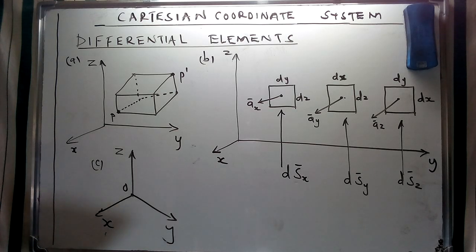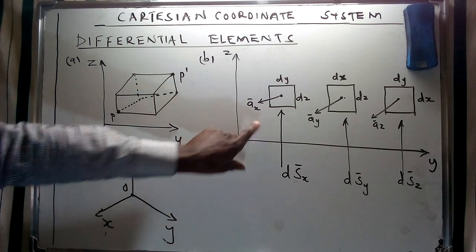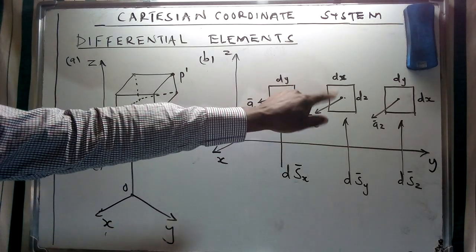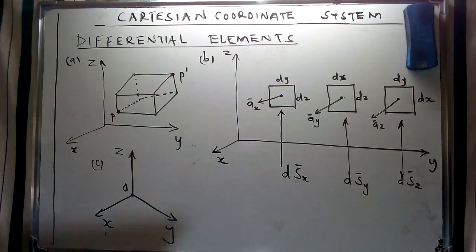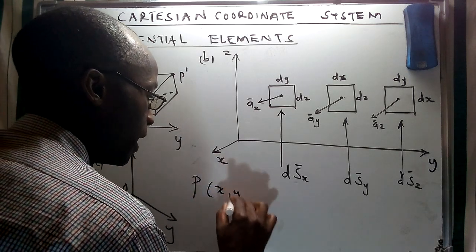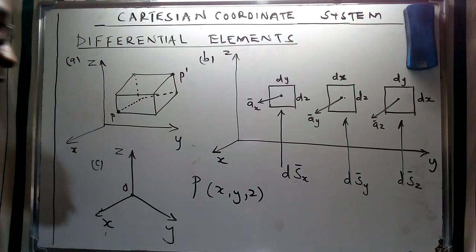Now from there, we can understand how these specific surfaces are given in terms of their various axes for x, y, and z. Now suppose we have a point P, which is given as x, y, and z, and we have an increment in each of these coordinates for x, y, and z of a differential amount.